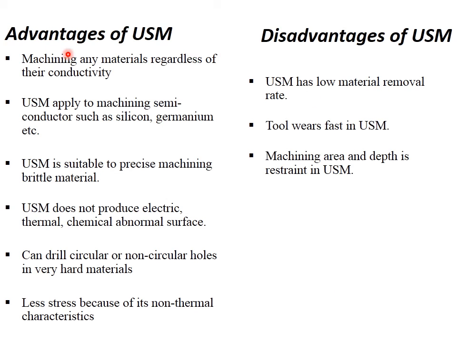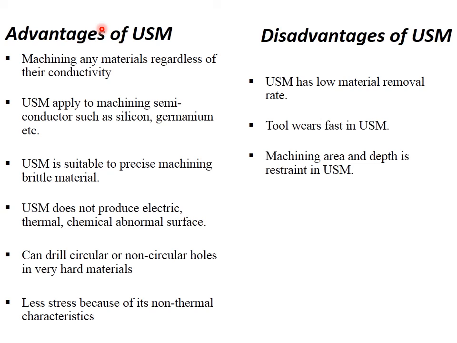Now advantages, right? A very important advantage: any material, whether conductive or non-conductive, can be machined. Let's take the example of electro discharge machining. In our workshop we have wire cut EDM, right?